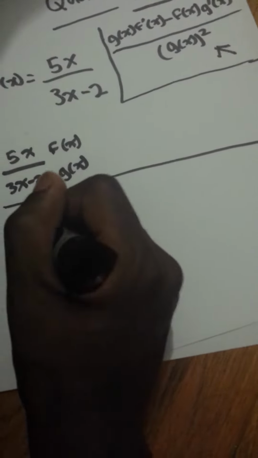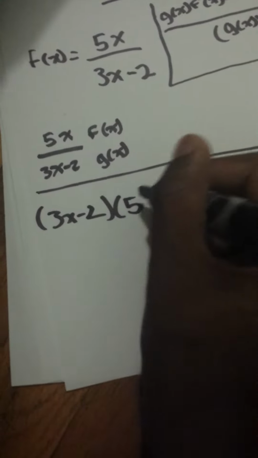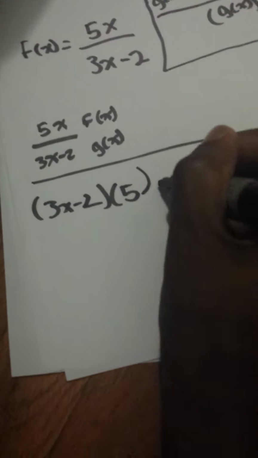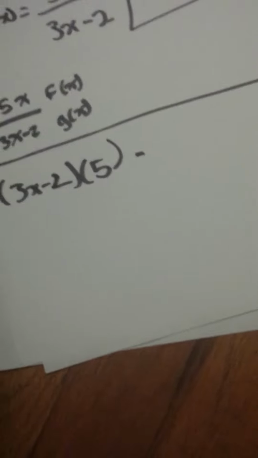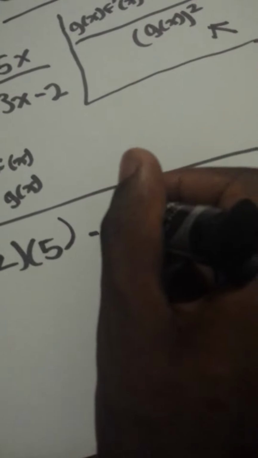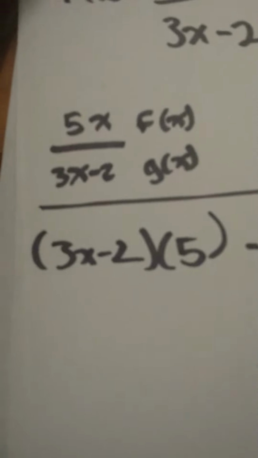So the denominator, or g of x, is 3x minus 2, times the derivative of the numerator. The derivative of 5x is 5. Minus, leave the numerator, f of x is the numerator, 5x, times the derivative of the denominator.